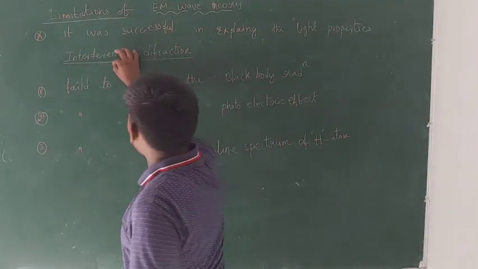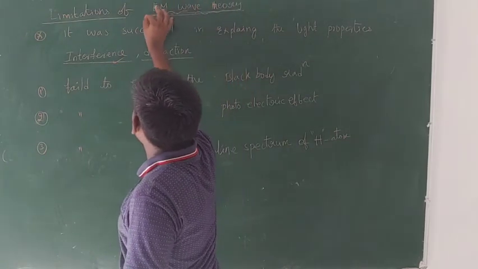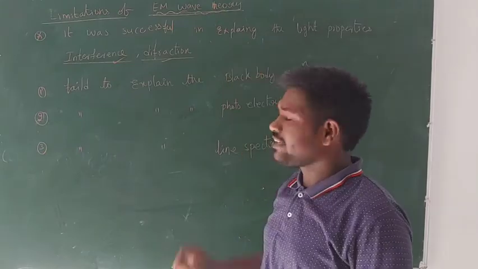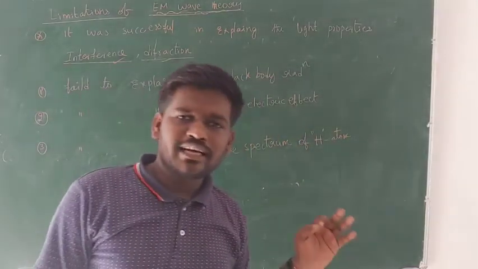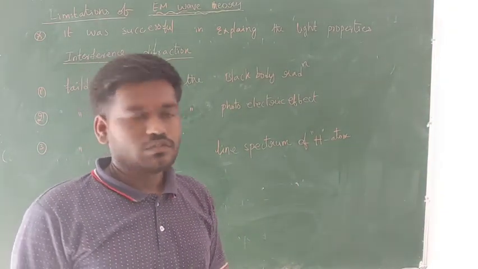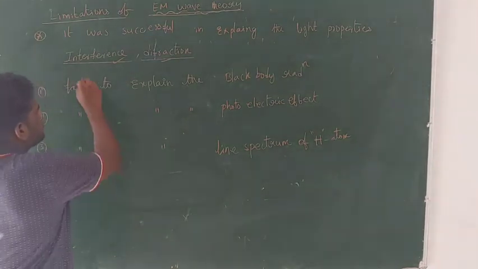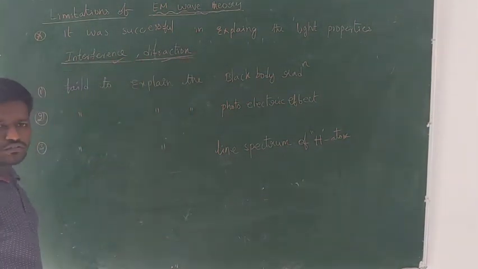These are wave properties. This theory ignores the particle nature of electromagnetic radiation and considers only wave nature. Due to that, it was successful in explaining interference and diffraction.